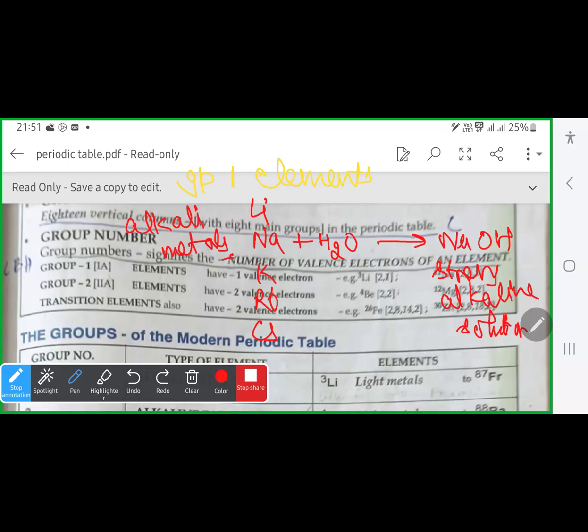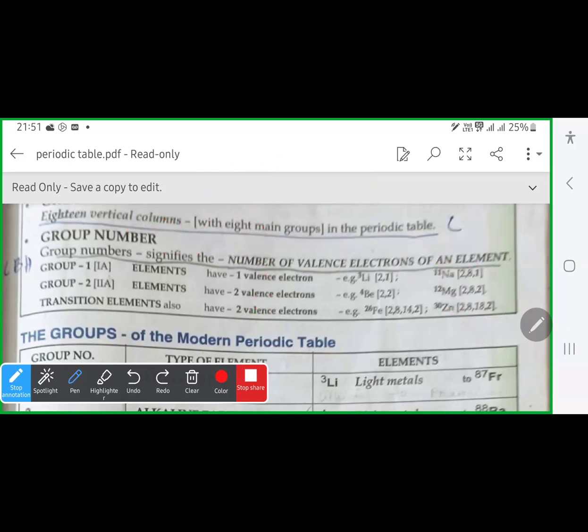Similarly, have you noted down all this? Yes, sir. Similarly, group 2 elements, that is beryllium, magnesium, calcium, strontium, and barium.